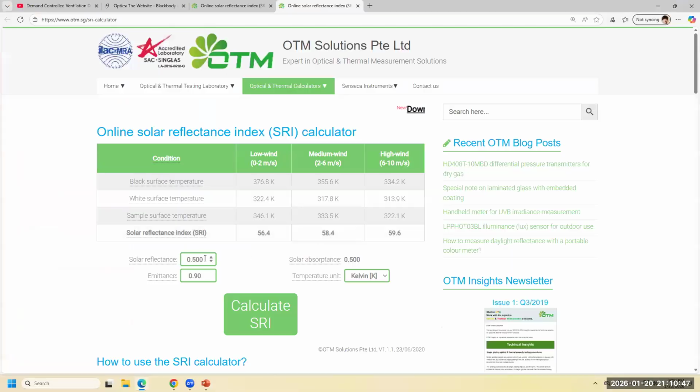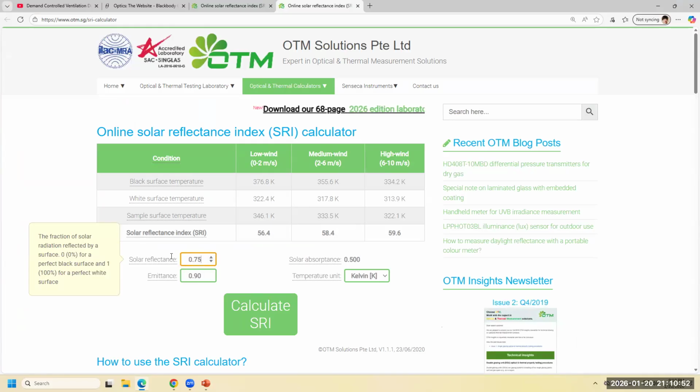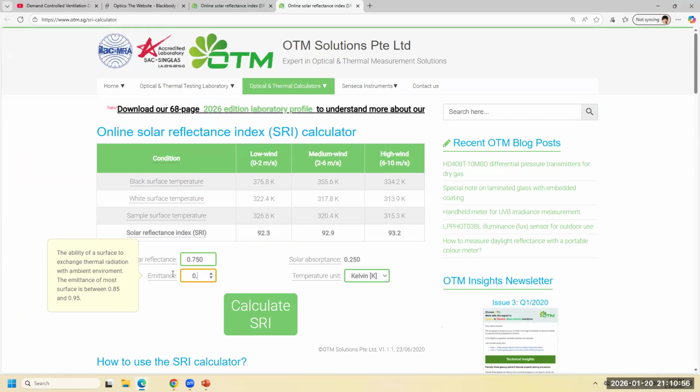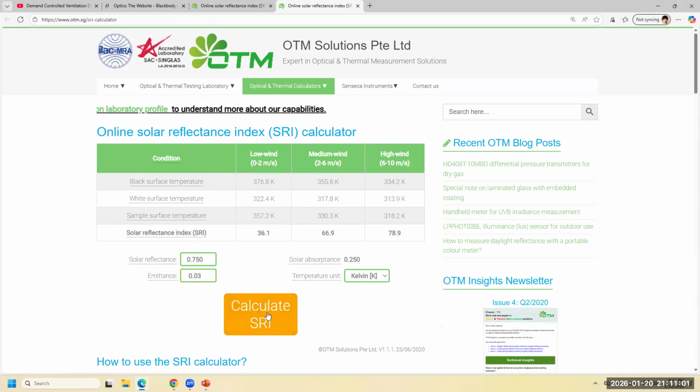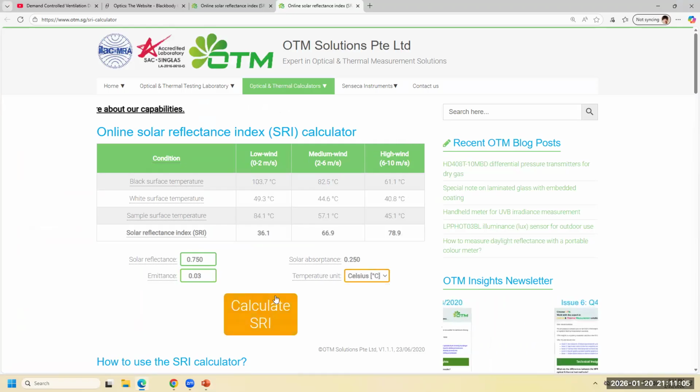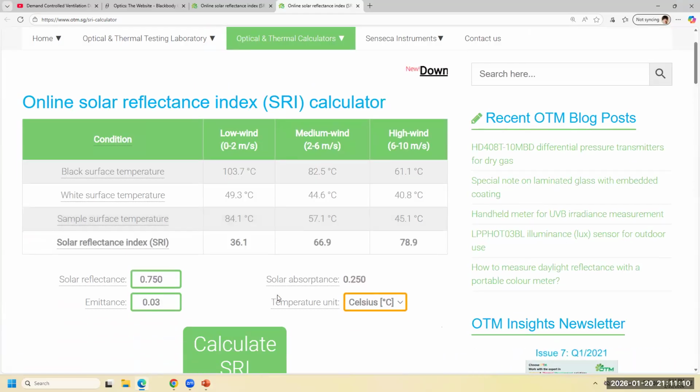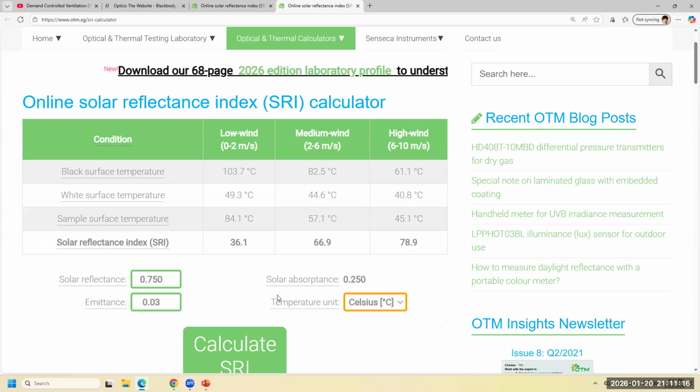It knows how to reflect heat, but the thermal emittance is really low. Then we calculate. We can see the solar reflectance index of the copper is around 30 to 40.